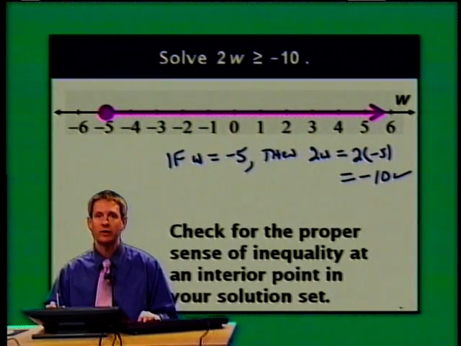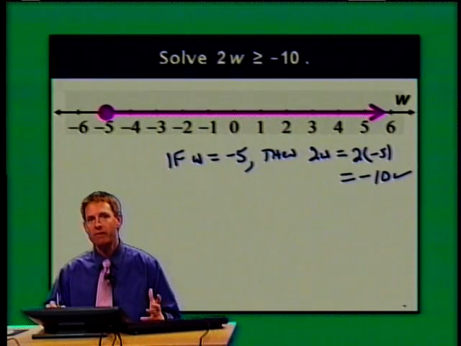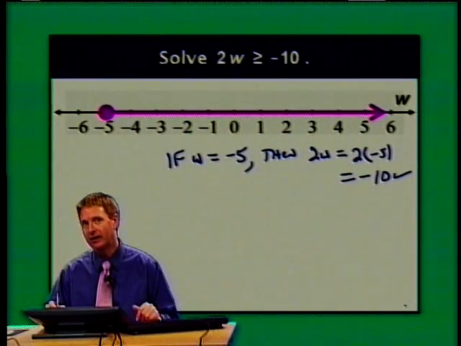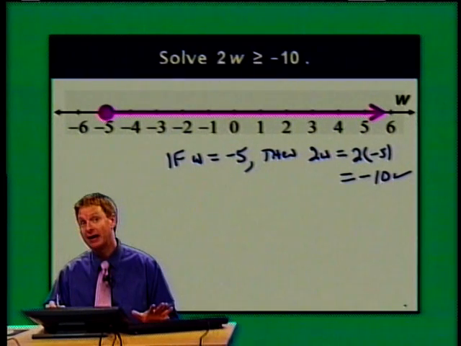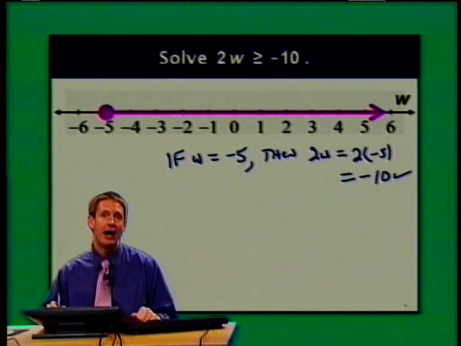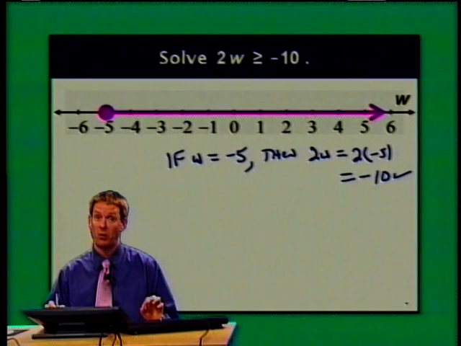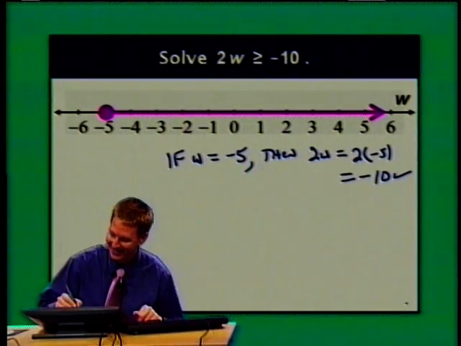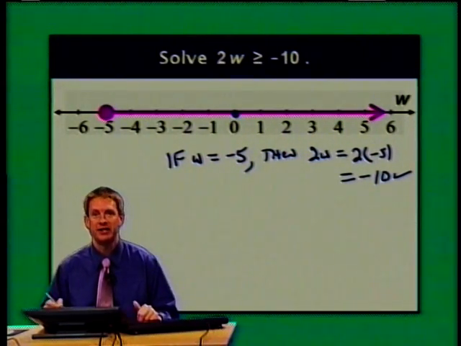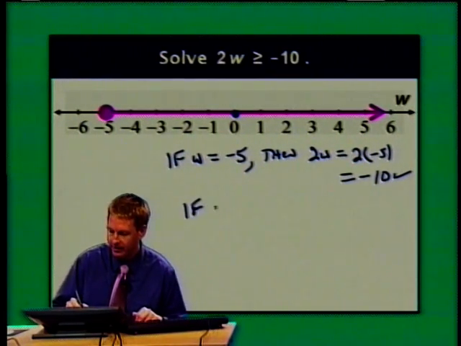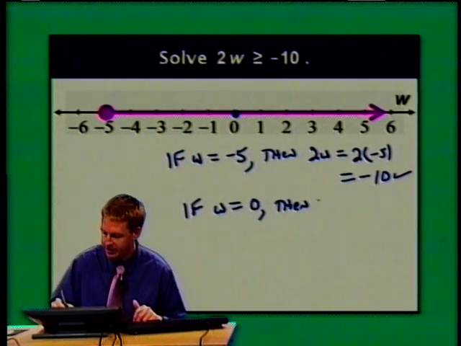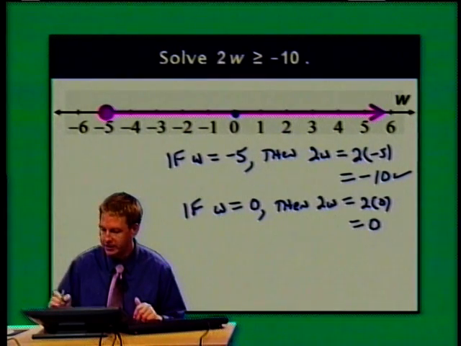Now we need to check for the proper sense of inequality at any interior point in our solution set. Since we have control over what point we're going to test here, we're going to try and pick a number that's going to minimize the chance of making an arithmetic error. And the easiest number to deal with from an arithmetic perspective is the number 0. So I'm going to check 0. If w equals 0, then our variable expression, 2 times w, equals 2 times 0, which is 0.